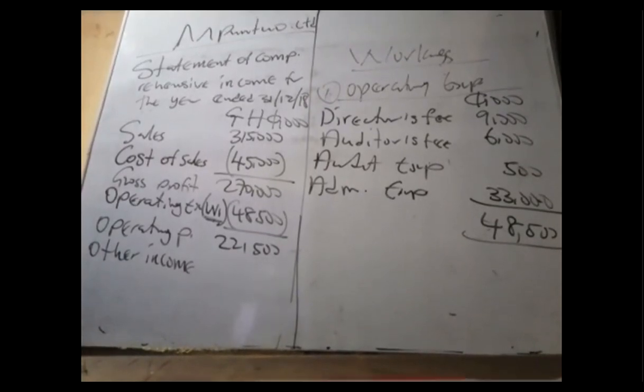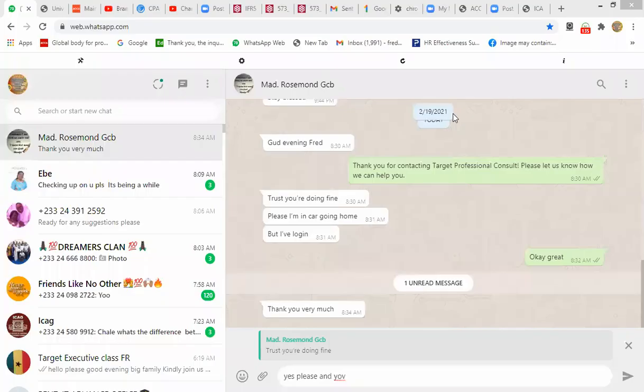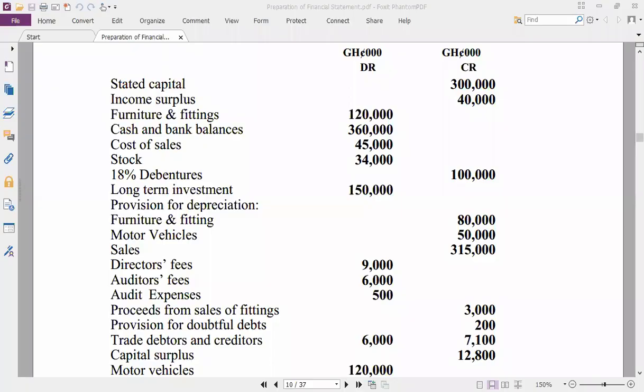So that is that. So let's go and calculate other income. Let's go to this trial balance. If you have other income in the list, let's see.